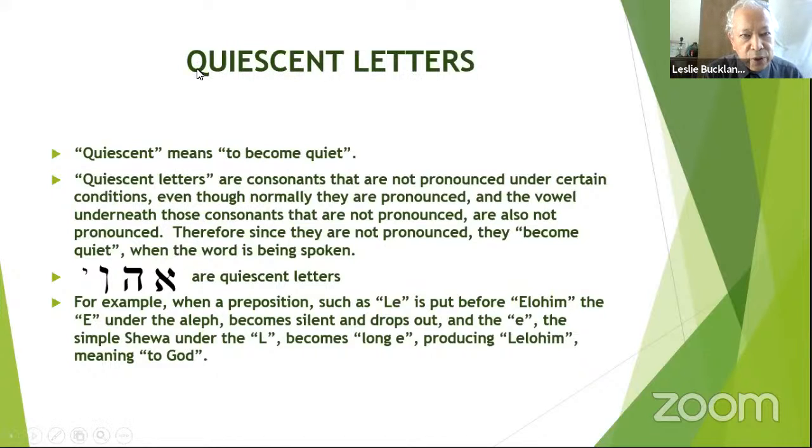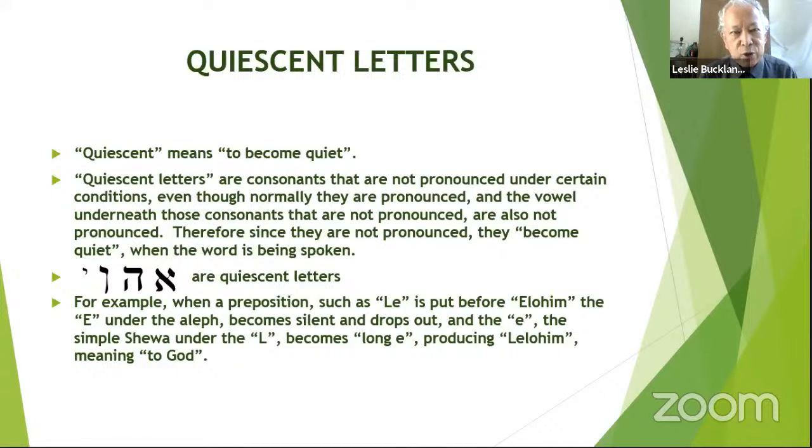Now I want you to know that Q-U-I-E is part of an English word, and I wonder if you can guess what word that is. I only have to add one more letter, and you will know what quiescent means. Q-U-I-E just needs one more letter.